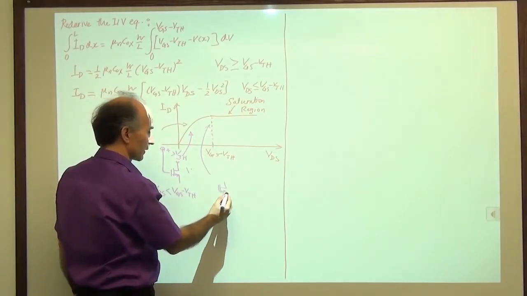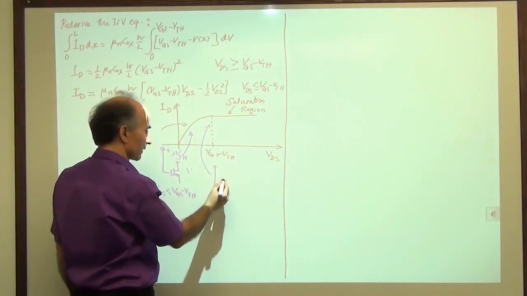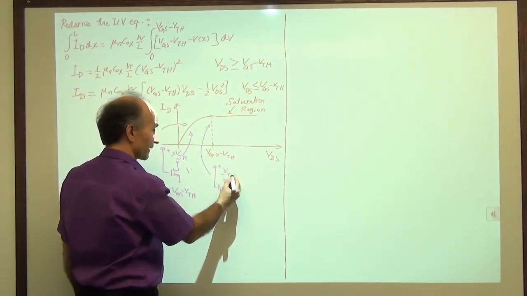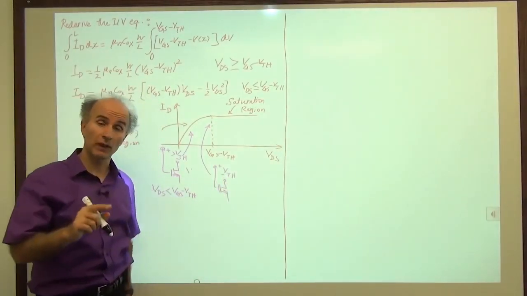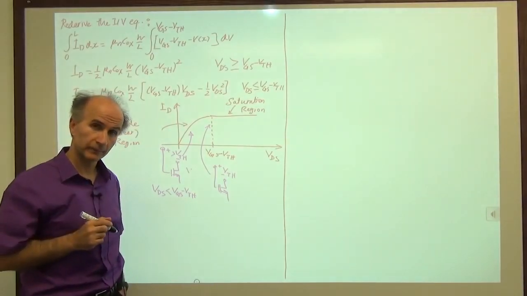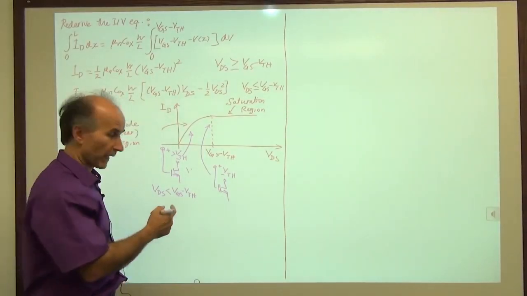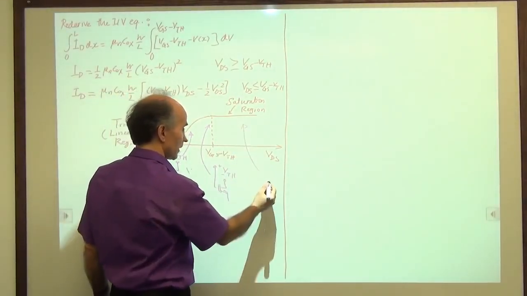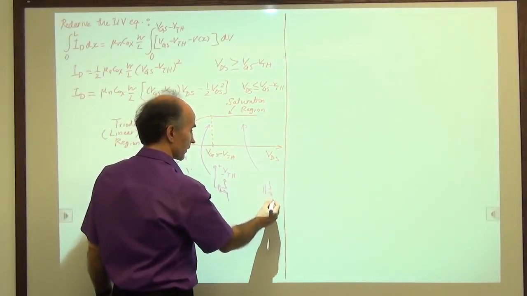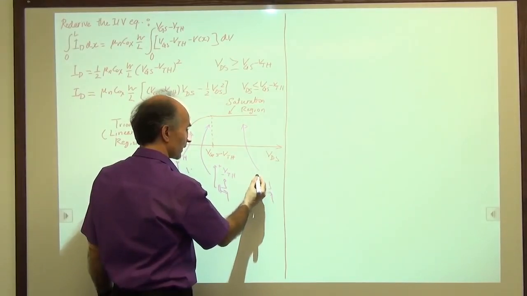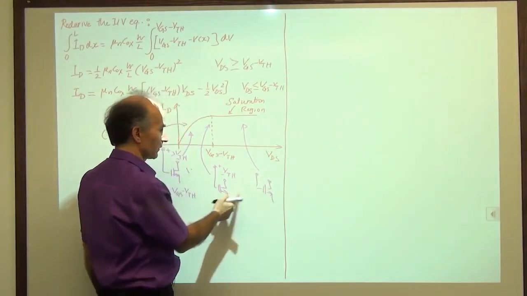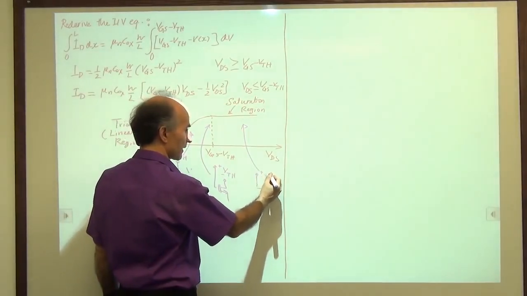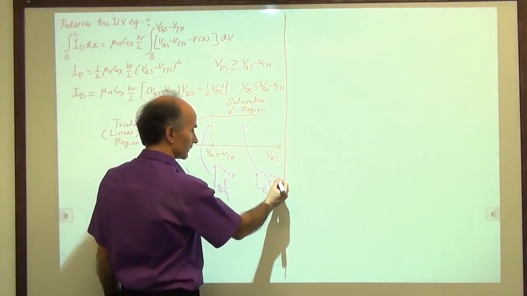All right, now, when we get to this edge between triode and saturation, so right on this edge, the pictorial illustration that I have for myself is like this. The difference between these two is exactly one threshold. The gate is above the drain by one threshold. And now you can see what happens if we go to saturation. In saturation region, the difference is less. So I can even lower the height of these two, and I say this difference is now less than one threshold.